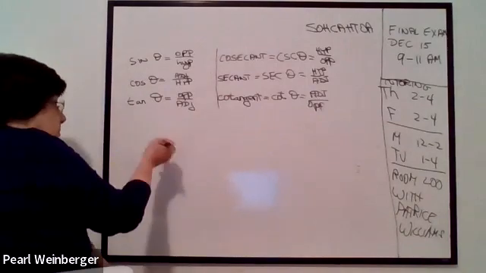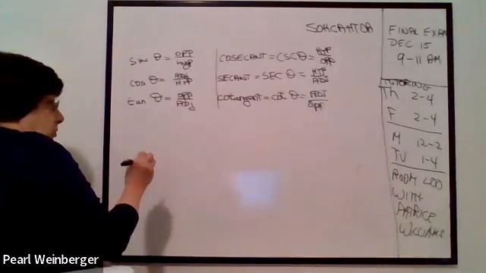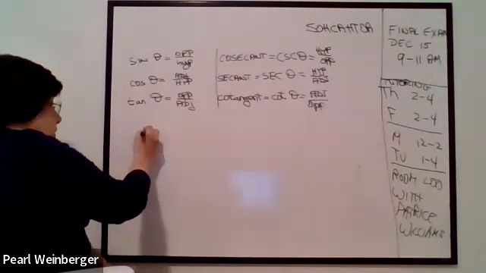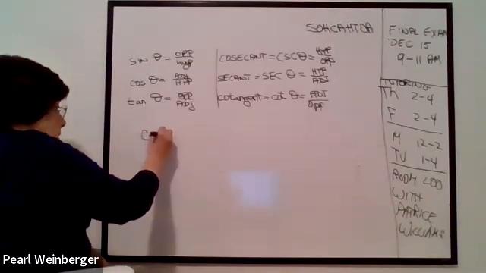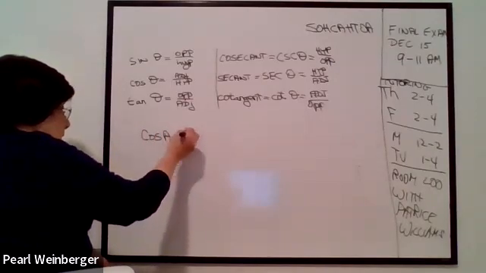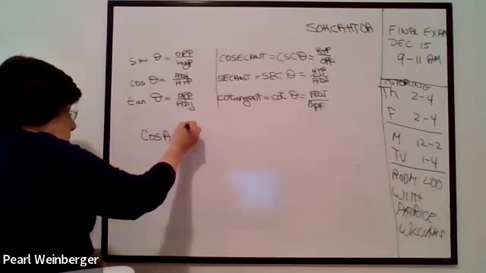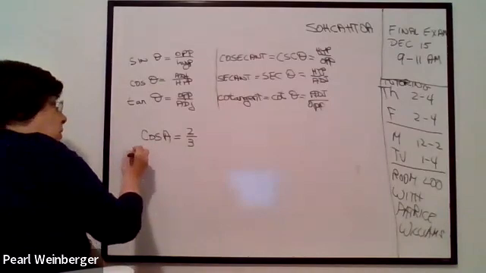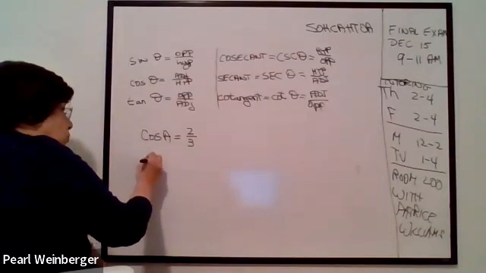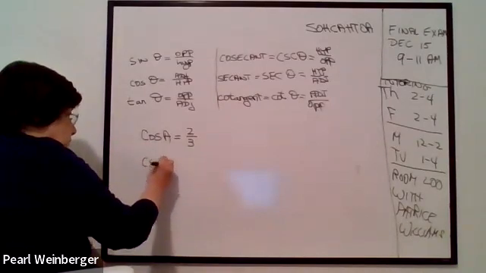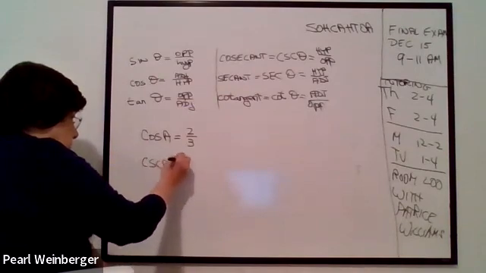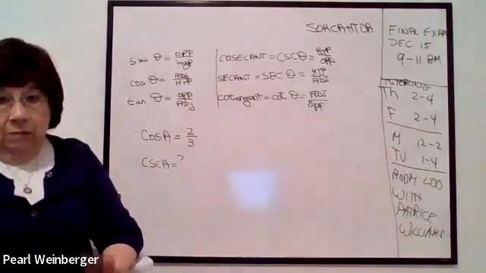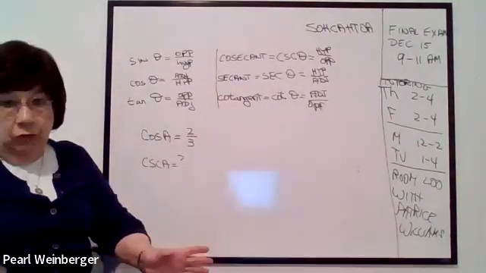And let's say I gave you a question like this. Suppose I told you that the cosine of A is 2/3, and I want you to figure out the cosecant of A. I'm going to do this one, and then I'm going to give you one to try.